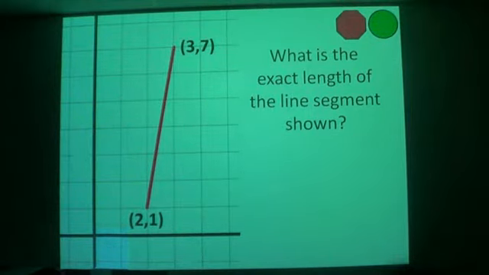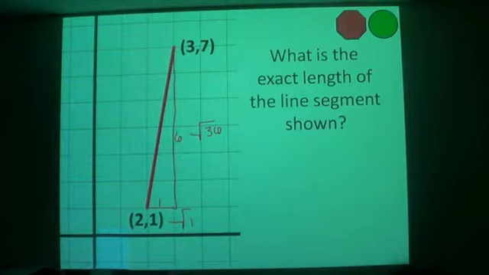There's a simpler way of doing this that works every time, and it's just kind of a shorthand of the Pythagorean Theorem, and that would be you just take the lengths and you write them under the square root sign. Here we have 6. So 1 written under the square root sign is the square root of 1, and 6 written under the square root sign is the square root of 36. Now, I do not add the square root of 1 to the square root of 36. I can't do that.